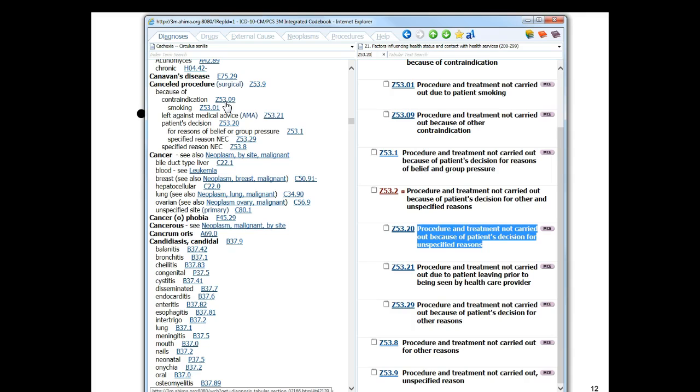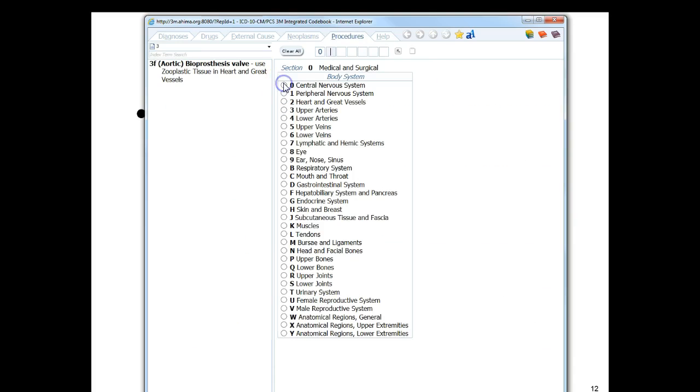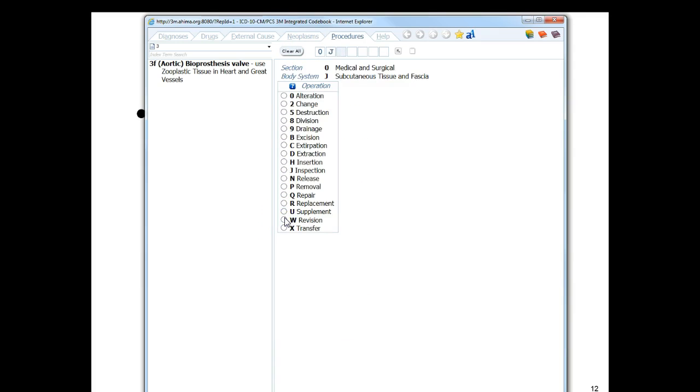So in this instance, this procedure code basically is just the incision into the abdomen. And if we go over and look at this particular code, we're in medical surgical, and the incision went through the subcutaneous tissue and the fascia.